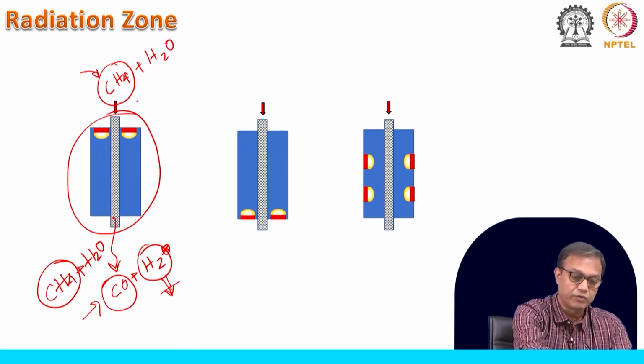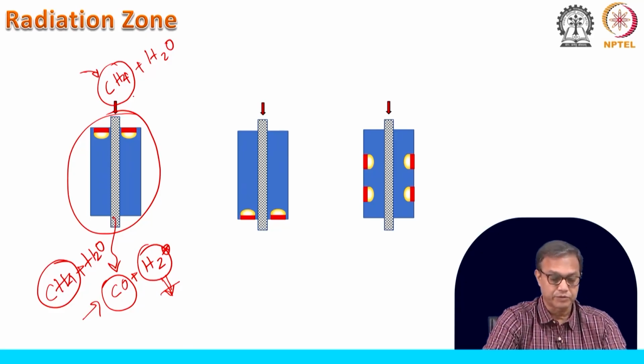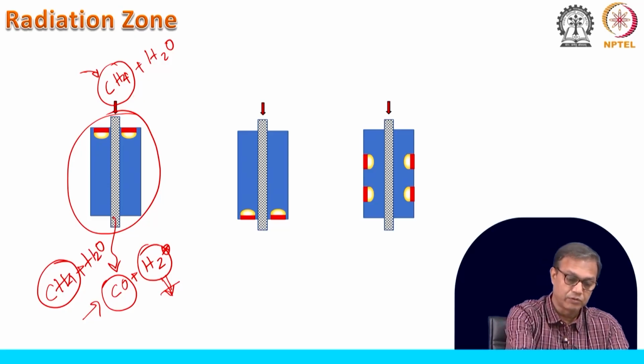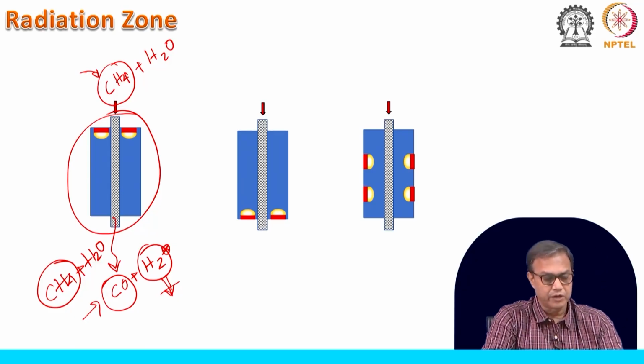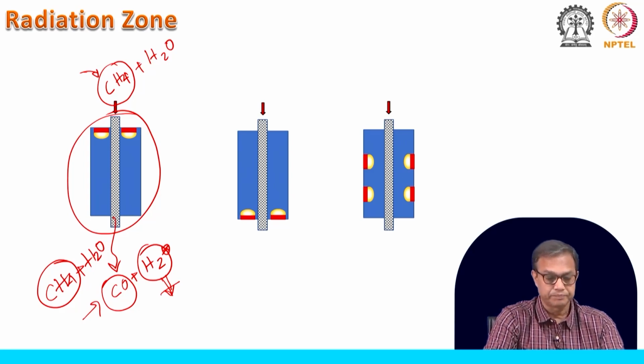So, preferably we try to put it under pressure, and that will generate the hydrogen under pressure. But there is a limit to which we can pressurize, because the tube has to withstand the high pressure at elevated temperature.